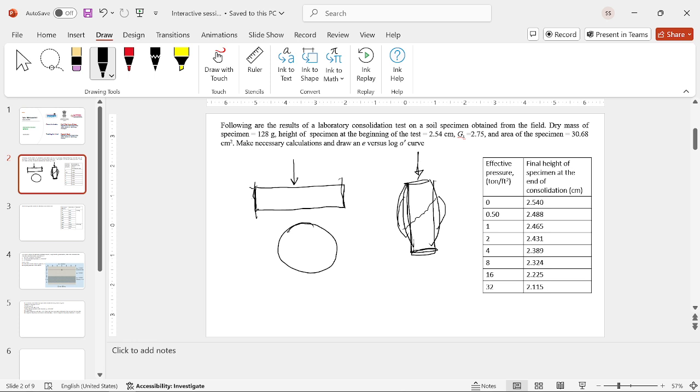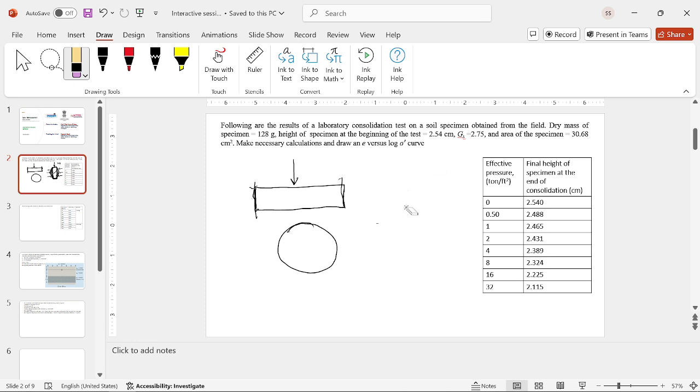So lateral displacement of soil takes place in a triaxial test. Even though there is confining pressure here, this boundary is free to move. So we can see bulging here. Same is the case with UCS also.